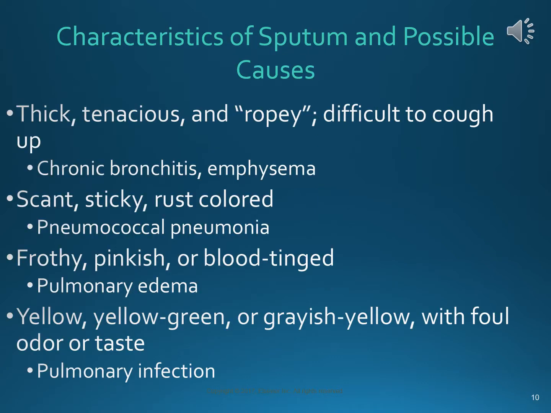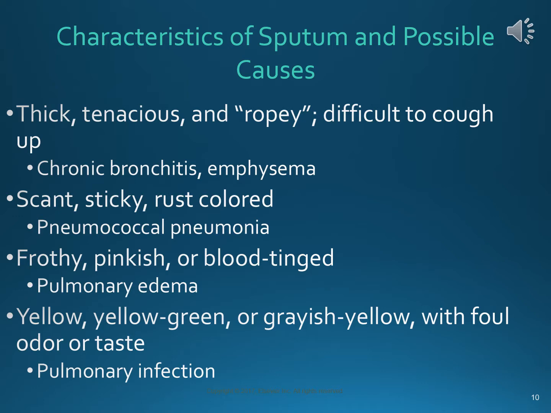I'd like to talk a little bit more about sputum. Characteristics of sputum, the color and tenacity are very important and give you a lot of clues to what's going on with a person. So thick, very tenacious, ropey sputum that's difficult to cough up comes in people who have chronic bronchitis or emphysema.